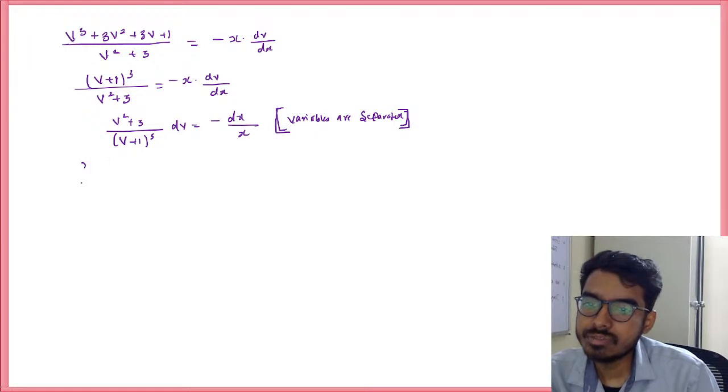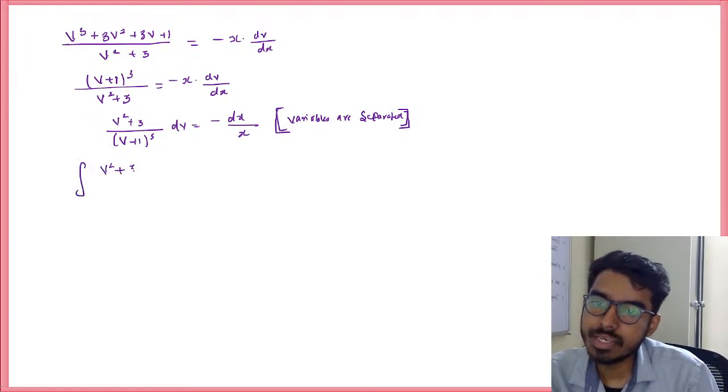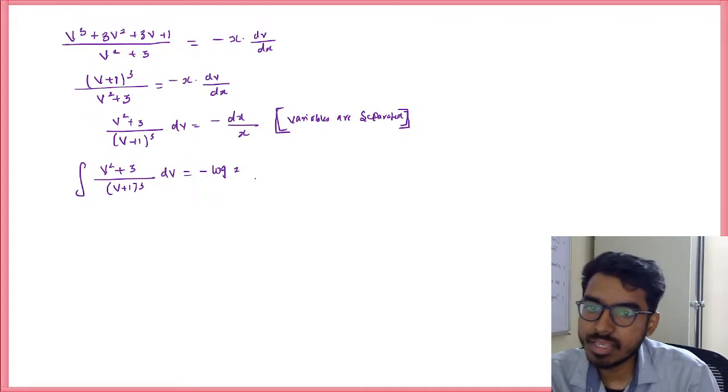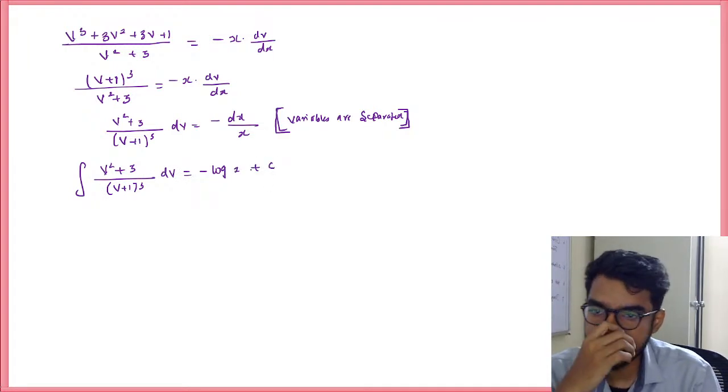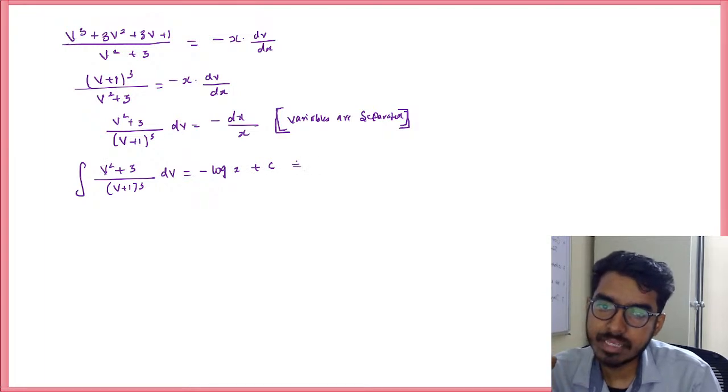So integrate this. So integration of v square plus 3 divided by v plus 1 whole cube dv is equal to minus log x. So we will add some constant c, right? Now call this integral as I.